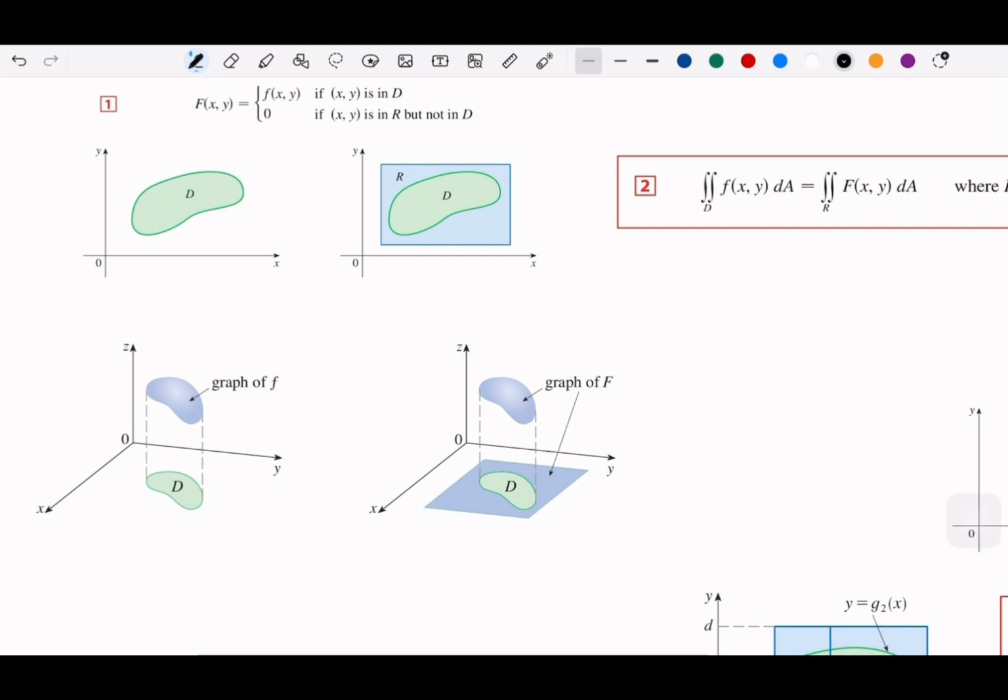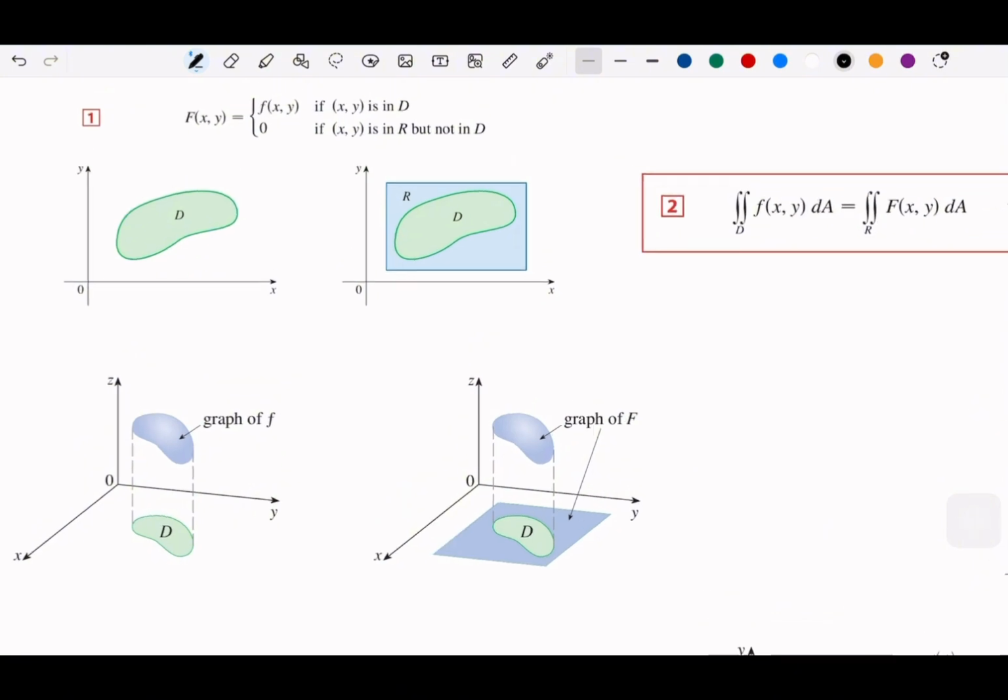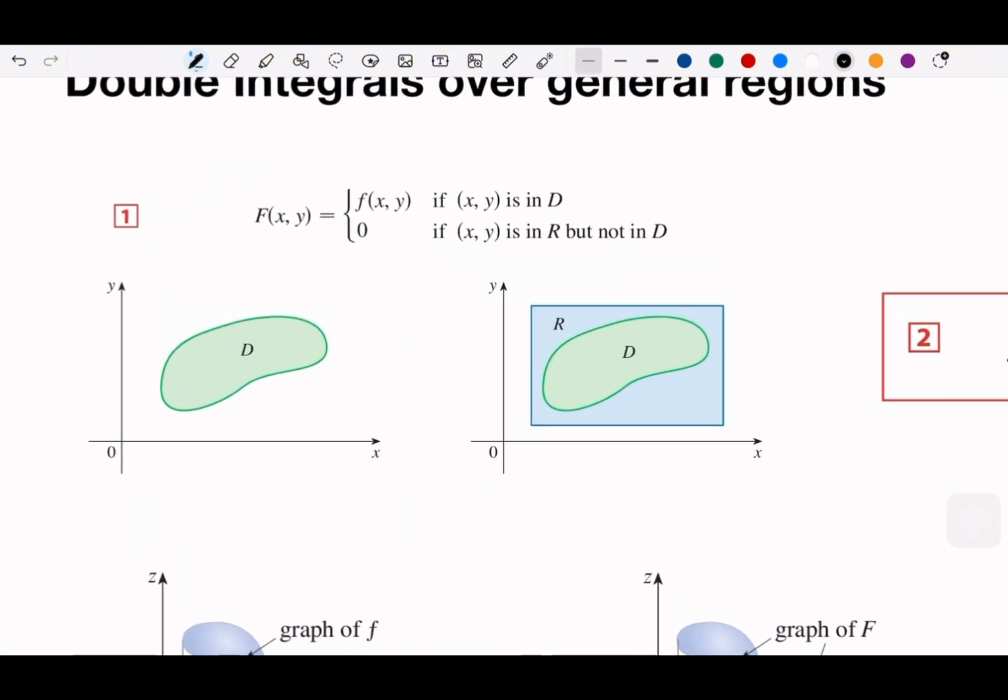So we have R as the rectangle set, our usual integrations, and we have D, which is our general region. We could define another function, capital F, as a piecewise function of this small f, the function we are supposed to know beforehand, and the other piece is the constant zero.